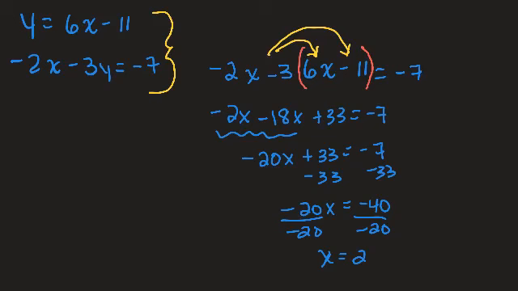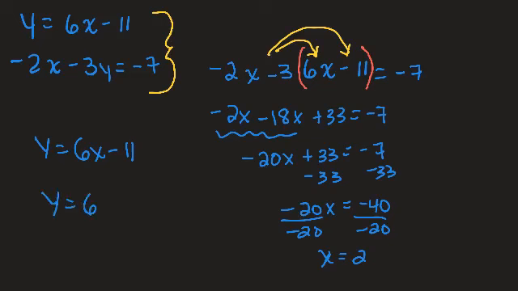And in order to do that, we have to substitute it back into either one of our original equations. Well, the easiest one will be y equals 6x minus 11. And I know what x is. X is 2. So I'm going to rewrite this.